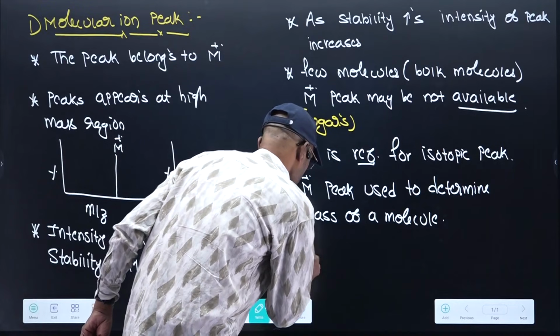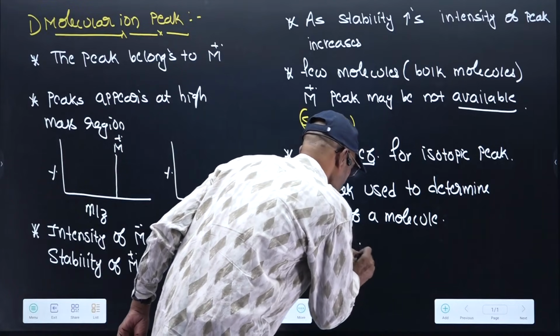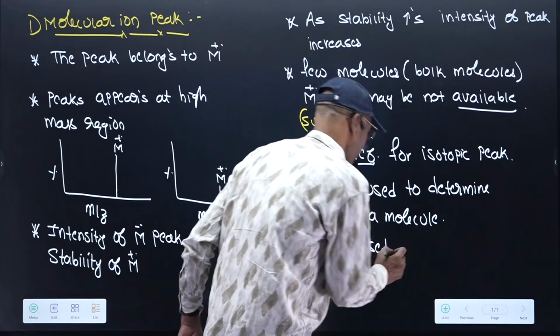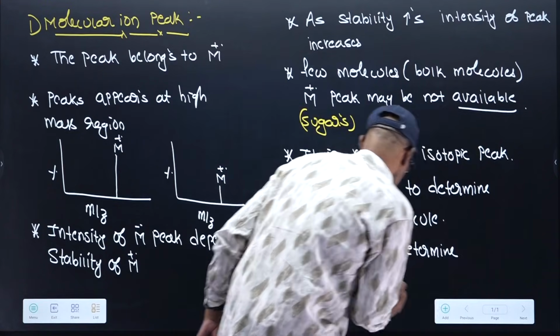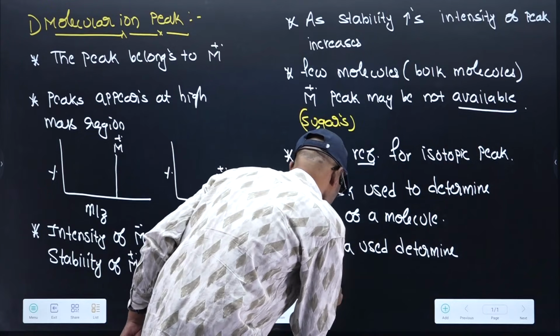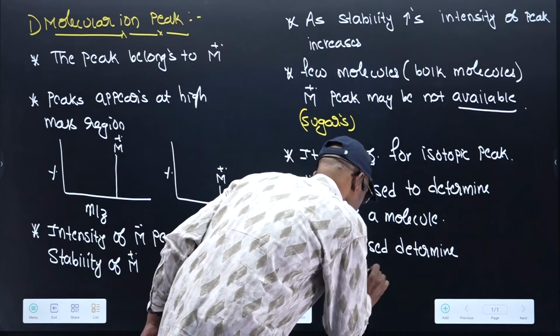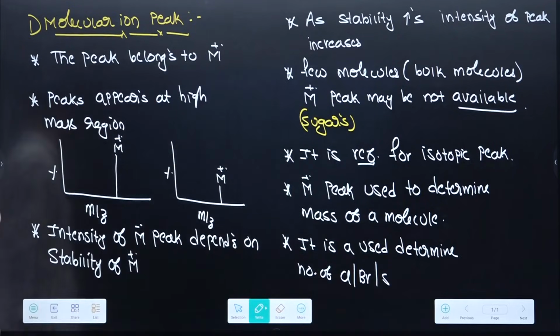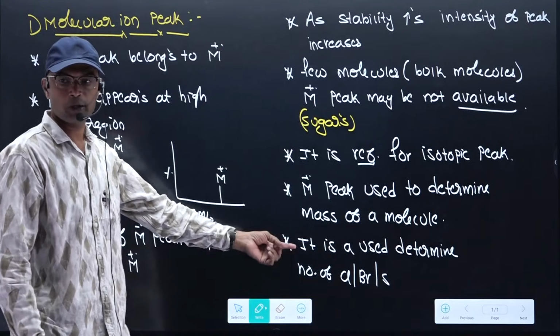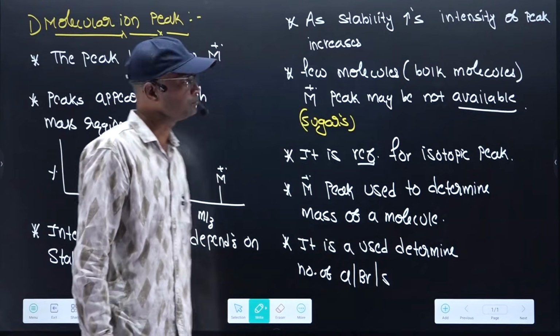Especially, the molecular ion is used to determine the number of chlorines, number of bromines, number of sulfurs. With the help of the molecular ion, we can determine how many chlorines, how many bromines, how many sulfurs are present.